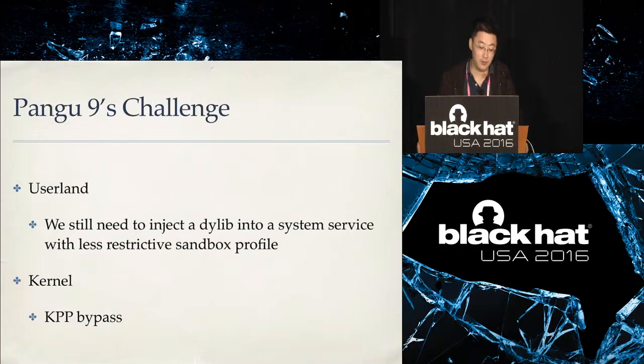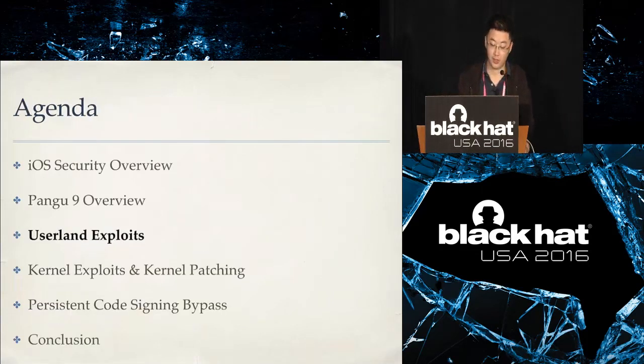And now, what's the challenge for us for Pangu 9? At that moment, the vulnerability we had cannot be exploitable inside the container. So we still need to inject a dynamic library into a system service. And on the kernel side, we noticed that since iOS 9, KPP is enabled, kernel patching protection. So we need to bypass that. Now let's go through the user land part.